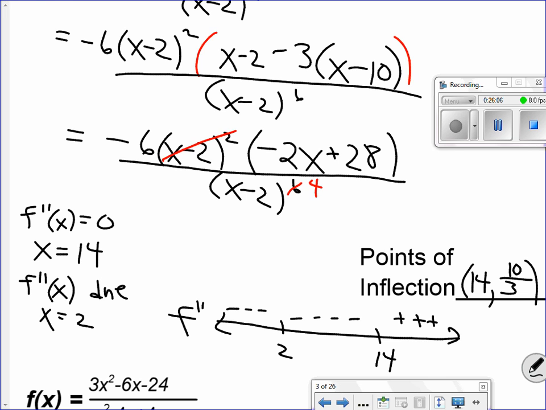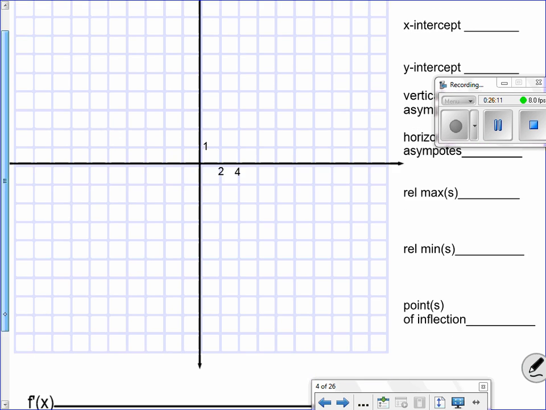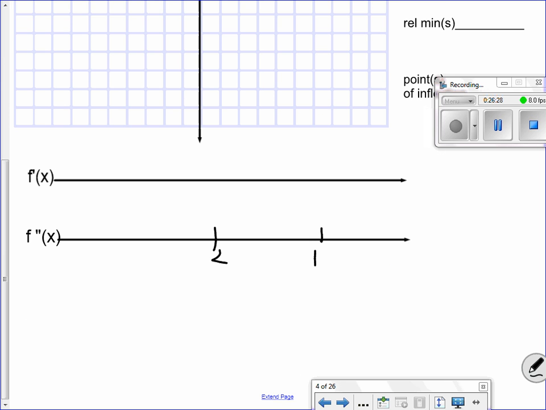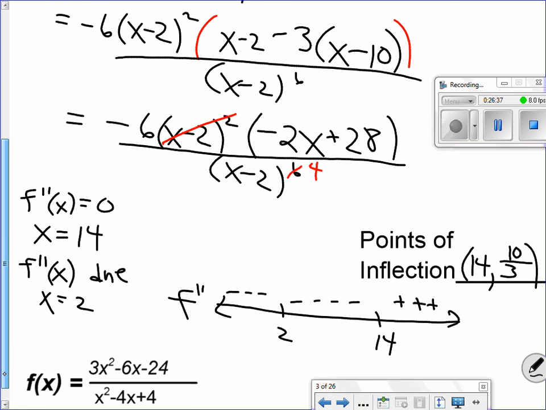All right, 2 and 14. Now, I'm going to put the little sign charts down here. From the second derivative, I know it was 2 and 14. You always go to the original.